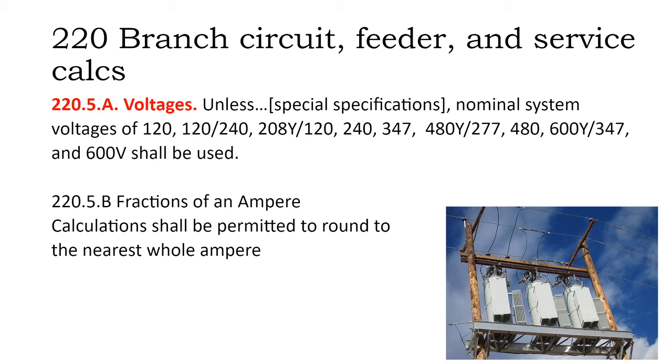Here's one that I thought was useful to know: the fractions of an ampere. The National Electrical Code's a fudge factor. It's so that you don't need engineering data. And so they say you can calculate the amperage to the nearest whole amp, rounding down or up. You don't need decimal points. In fact, our voltages fluctuate much more than their nicknames would suggest.